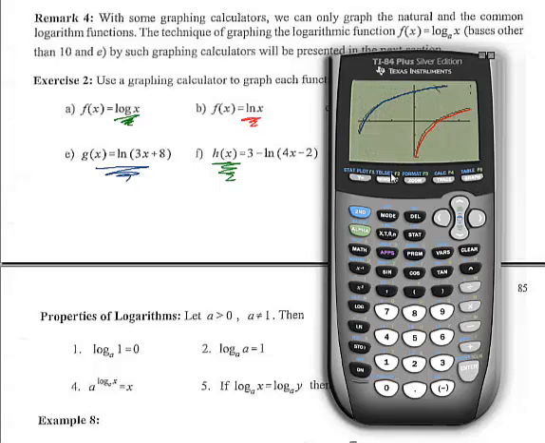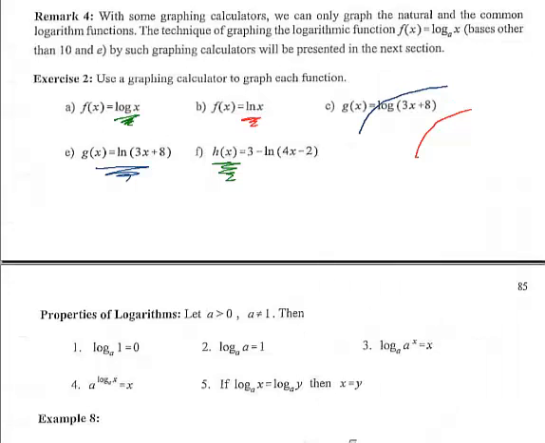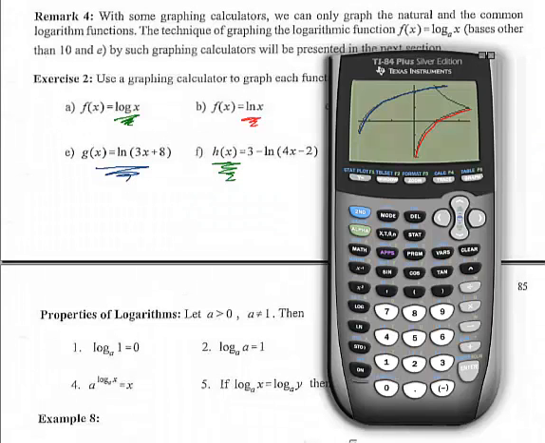Graph. Okay, and once again this is in the green. Right there. Okay, so what's happened?